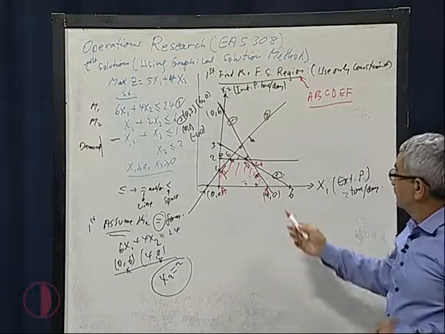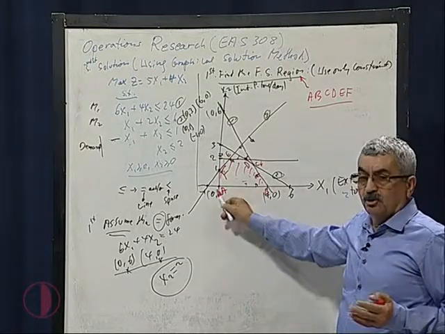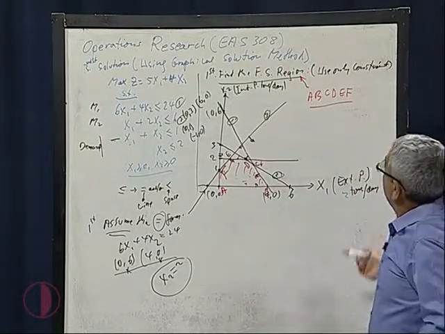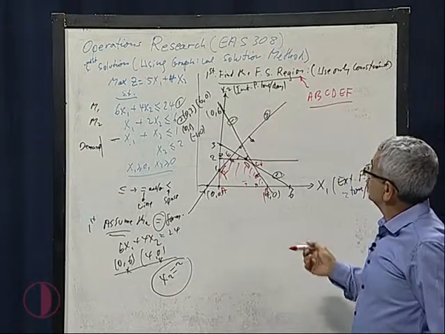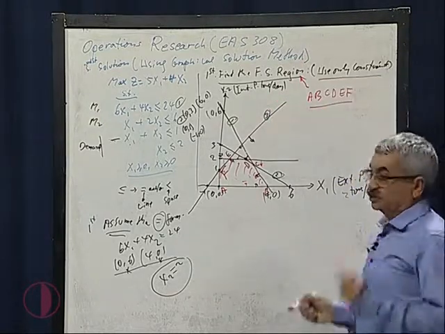All the solutions in that region, including 0, are feasible. So, the first step is to find the feasible region by using only the constraints.